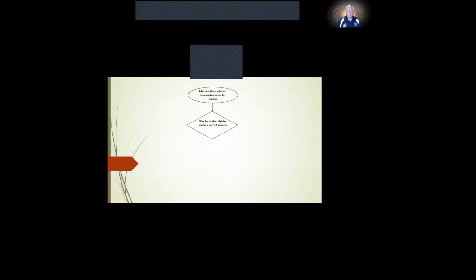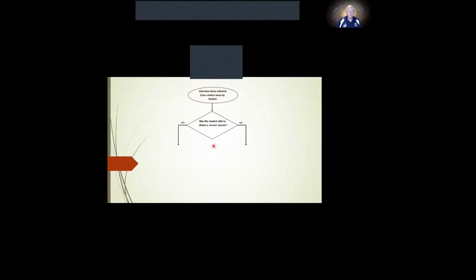Now, the first thing that we ask ourselves is whether or not the student was able to get a correct answer. This is the procedural end, isn't it? Can you get a correct answer? That's really all we're going to concern ourselves with at this point: a yes or no. Were we able to get a correct answer or not?